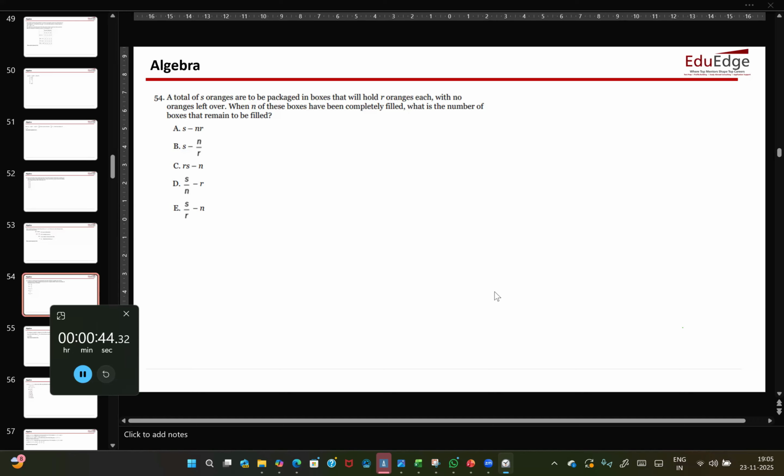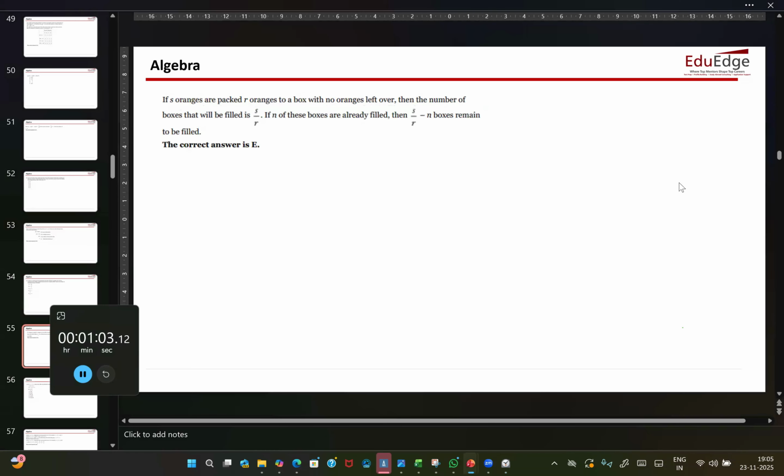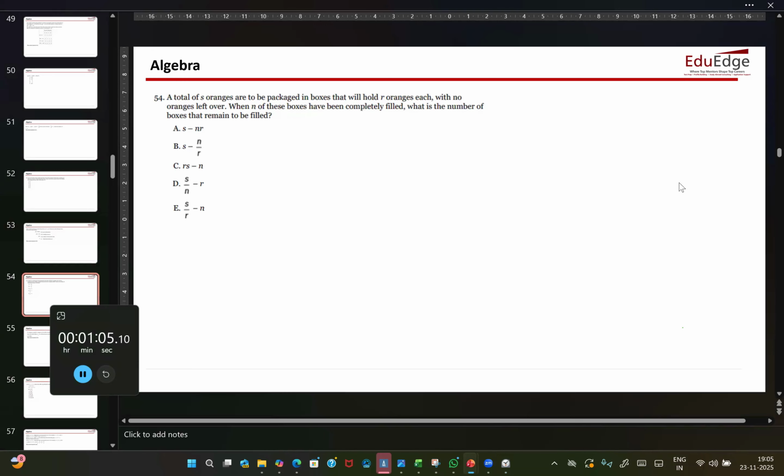S minus NR. Yes. S minus NR, no? The number of total oranges that I fill is number of boxes into oranges per box, and I subtracted it from the total oranges. So A should be the answer. Okay. E is the answer. What?